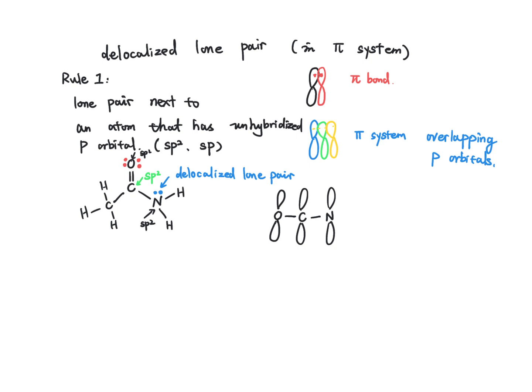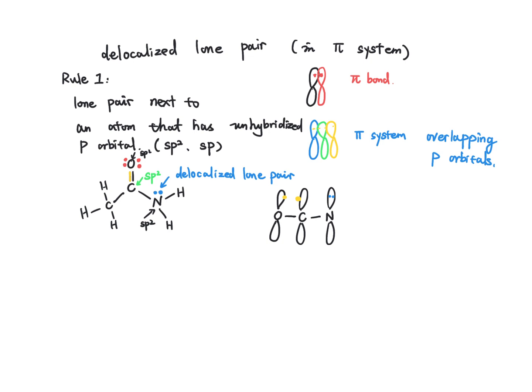So you have this pi bond, where these two overlap to share and form the pi bond. At the same time, this delocalized lone pair sits in the p orbitals.